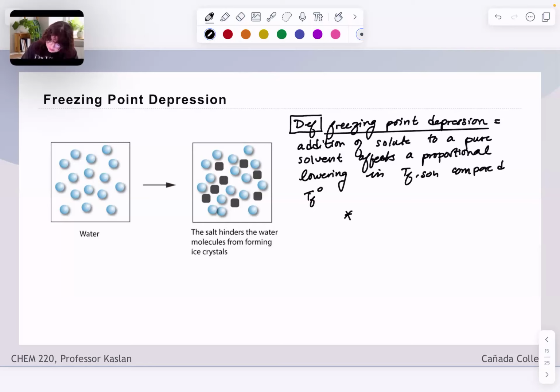In other words, the freezing point of solution will be less than the freezing point of pure solvent.